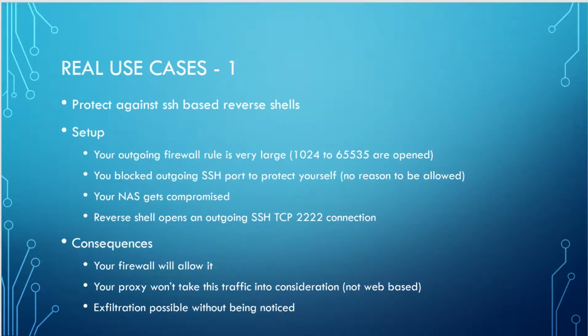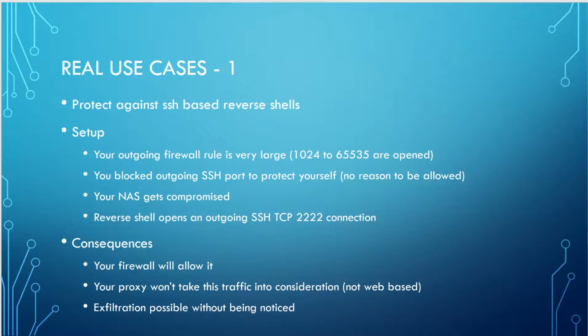Now, those are some real use cases. For example, in terms of an attack, you can help protect your NAS from SSH-based reverse shells. Let's say that you've got your outgoing firewall on Sophos or some other technology.